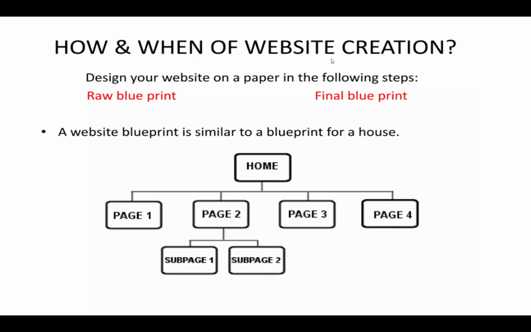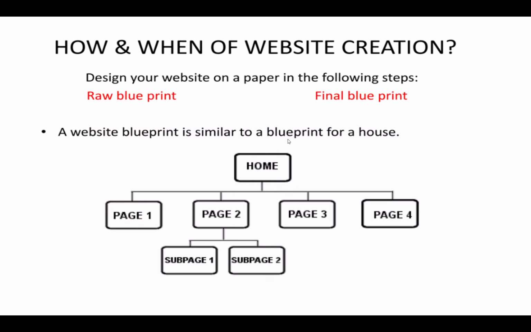How and when is a website created? There is a raw blueprint and a final blueprint. In the raw one you tell what you will do, and in the final one you tell what is implemented.